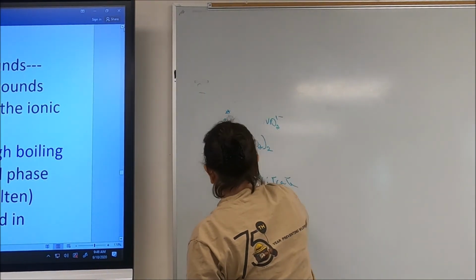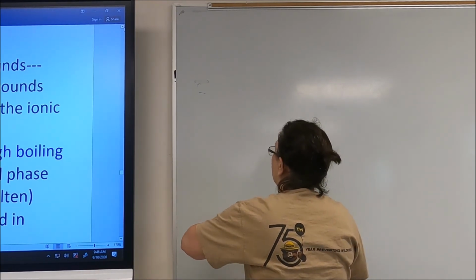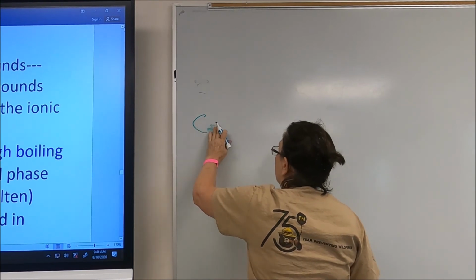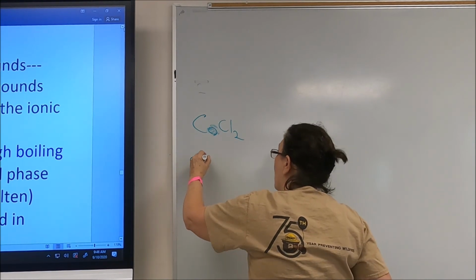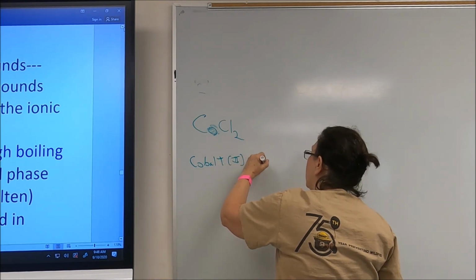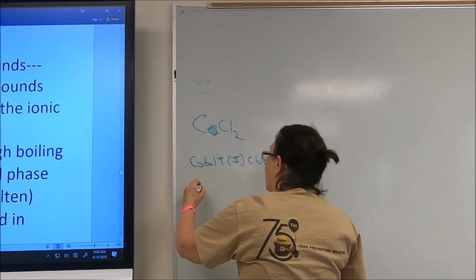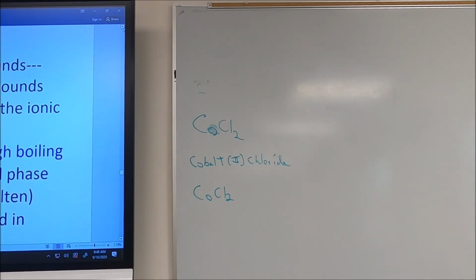So let's look at the cobalt compound. Okay, if I just had this, this is cobalt 2 chloride. If I have CoCl2 with the associated water molecules, we're going to get 6 water molecules.